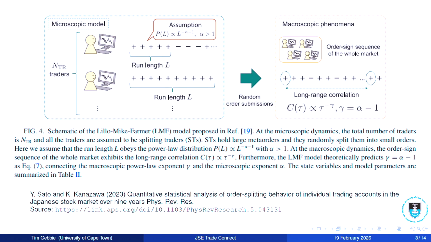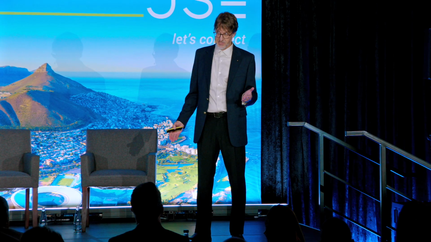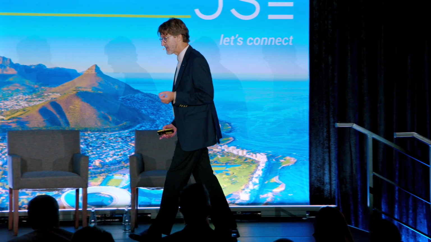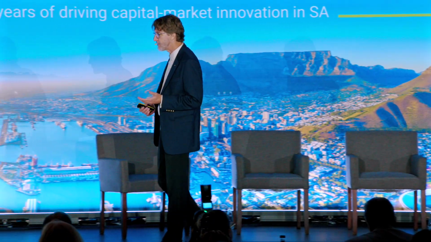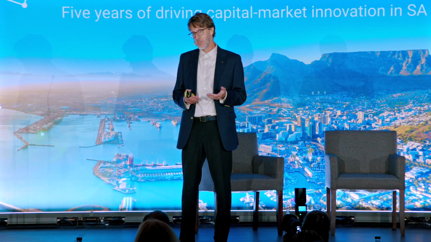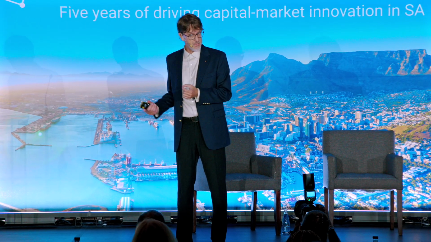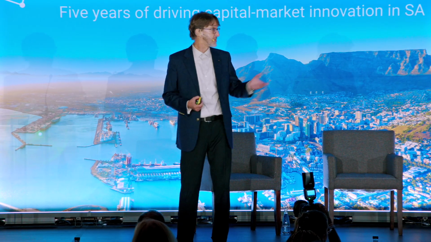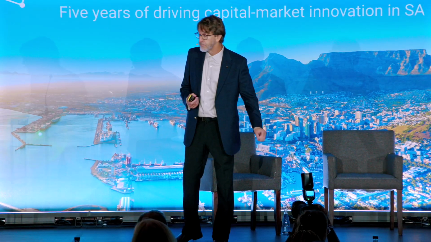So what is the theory? This is where it gets a bit mathy, and I apologize, but it's worth the effort. Yan Sato and Ken Kanazawa, in 2023, took nine years of all the trades on the Tokyo Stock Exchange, with all the metadata, the broker information, all the parent orders, and with that information they verified this theory, which became known as the Lillo-Mike-Farmer theory, after Fabrizio Lillo, Mike and Doyne Farmer.